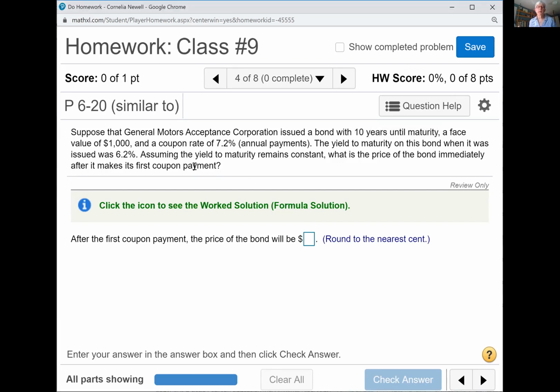So what you're going to put into your calculators is $1,000 for the future value, $72 for your payment, 6.2 for your yield to maturity, and right after the first coupon payment, we have 9 left.